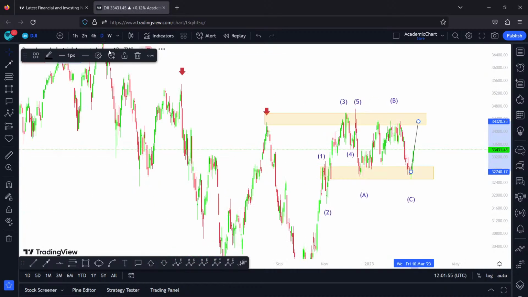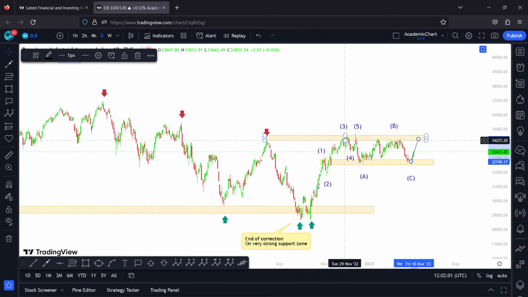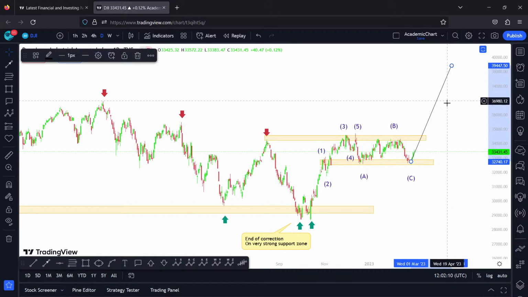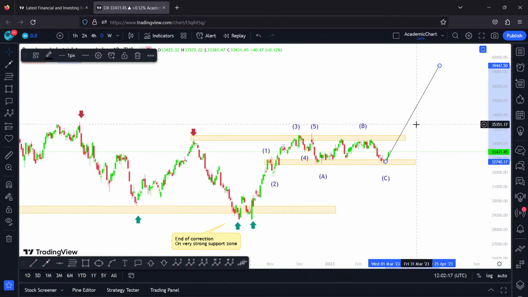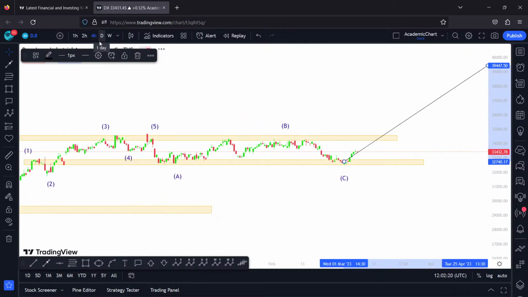But go back to the daily chart. Here I can see that we had this sort of impulsive wave, now this correction, and now we are expecting the third wave to take place. Yes, in the long term, this is what I'm expecting, but you cannot guarantee that it is happening just now.